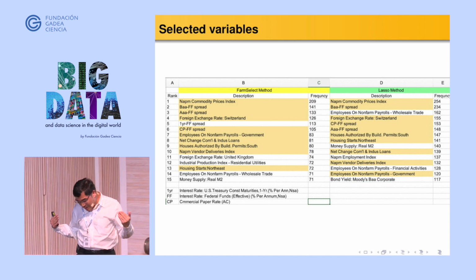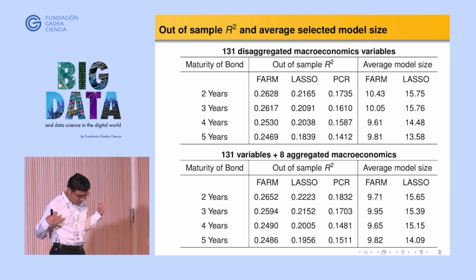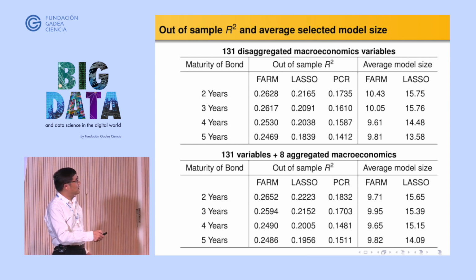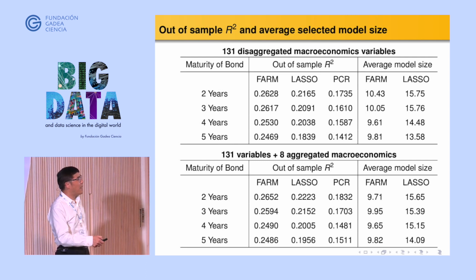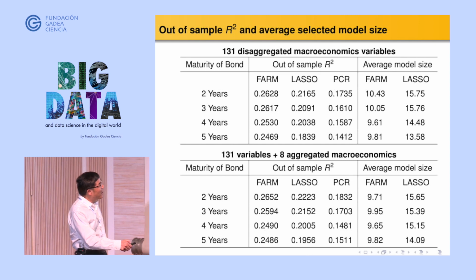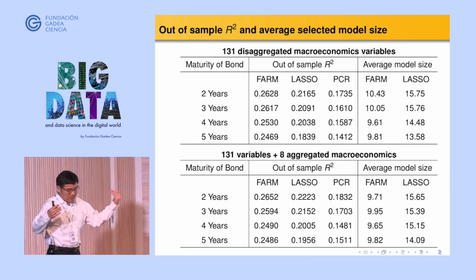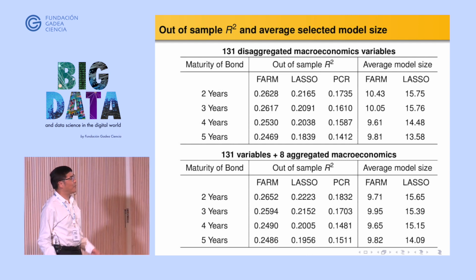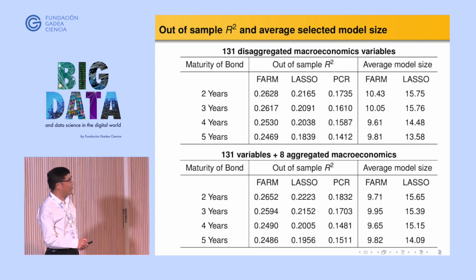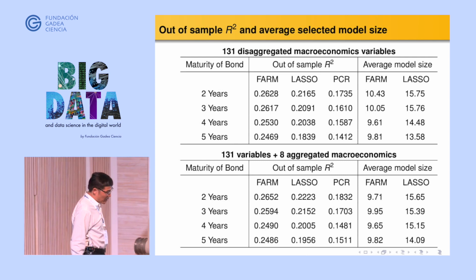And then, of course, I do this not only for 2-year bond risk premia. The 2-year bond risk premia I put down here. This is the out-of-sample R squared, you see, and the number of variables we select on average is about 10. Lasso selects more because I decorrelate the variables first, so it selects fewer variables. And for 3-year bond risk premia, the story is very similar, right? And 4 and 5. So we select fewer variables, right?